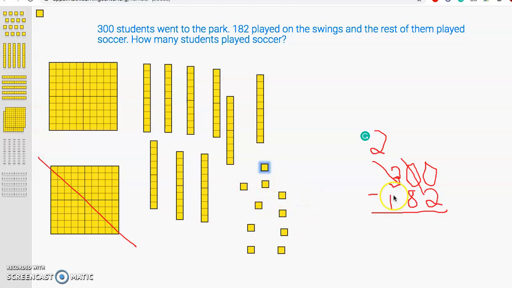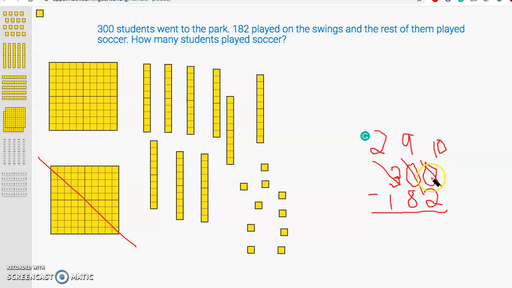I have 10 ones. So now I can take this and cross it out and make 9. And I can change this into 10.